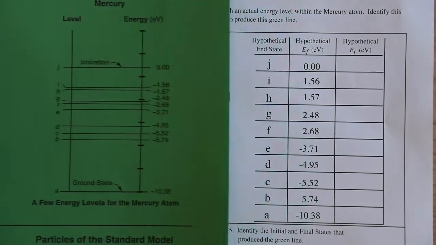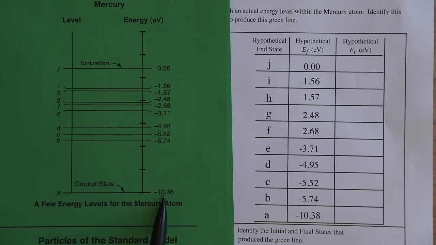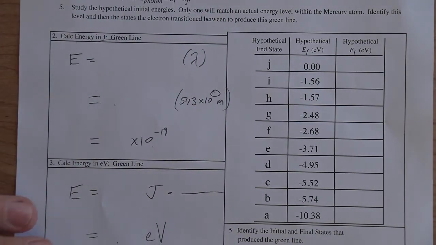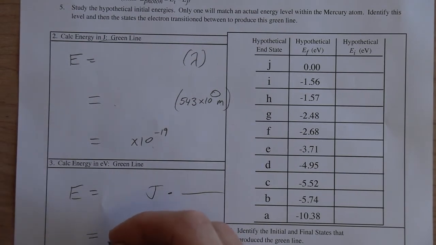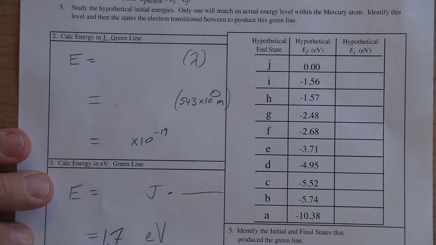What we do is we imagine for a moment that it fell and landed in the A state at the bottom at this final energy. And it would have fallen this many EVs. I'll make up a number. Maybe it's, I don't know, 0.7 or 1.7 or something like that. Again, I just made up a number.